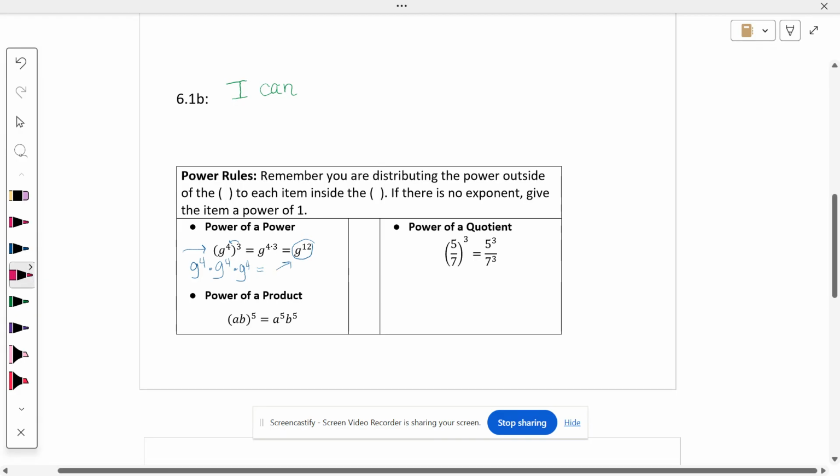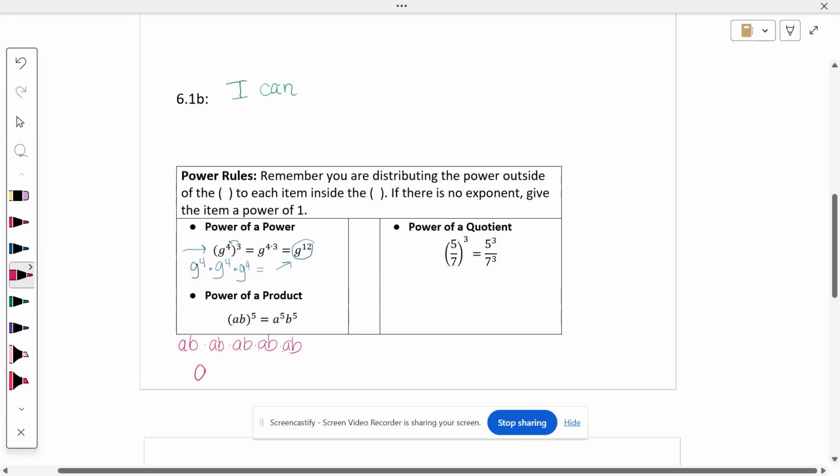You have the power of a product, a times b, both raised to the power of 5. Well, when I expand that, that just means ab times ab times ab times ab times ab. You have 1, 2, 3, 4, 5 A's being multiplied together. 1, 2, 3, 4, 5 B's being multiplied together.